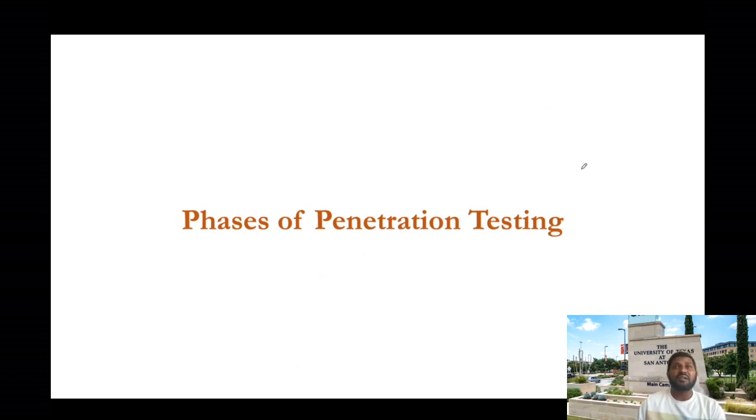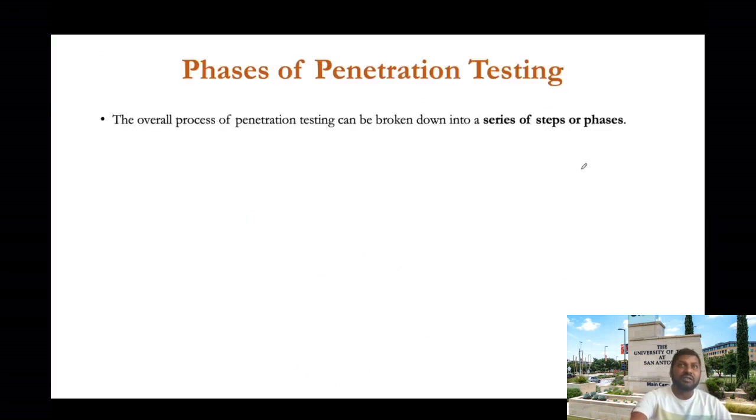Regardless of which methodology a testing team uses, whether black box, white box, or gray box, the penetration testing process usually follows a series of steps. The overall process can be broken down into a series of steps.